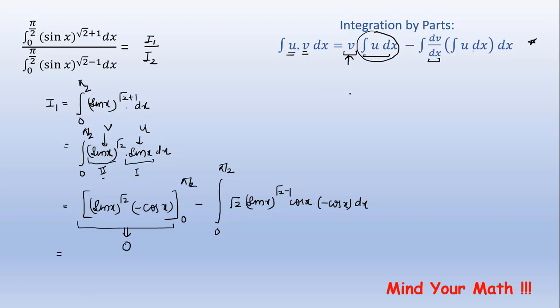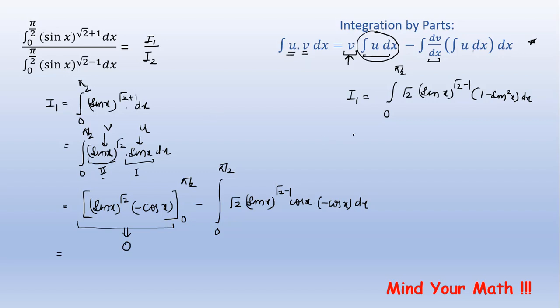So from this you can say our integral I1 is basically the integral from 0 to pi by 2 of root 2 sin x raised to root 2 minus 1, and this is minus cos x, so this will become plus, and this will become cos square x, and cos square x is 1 minus sin square x dx.